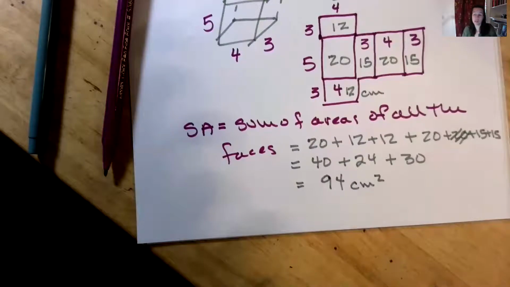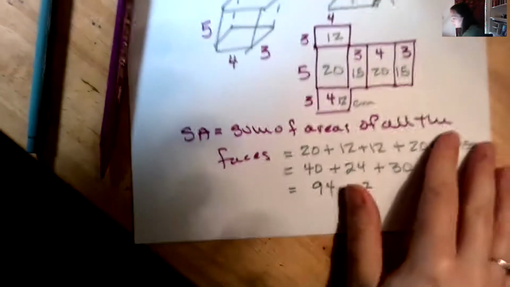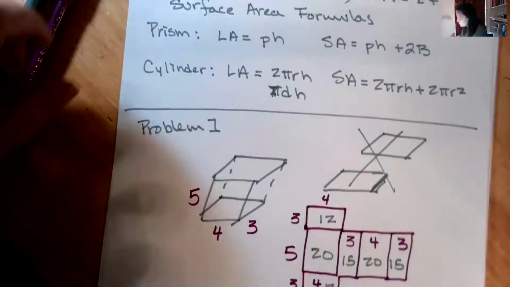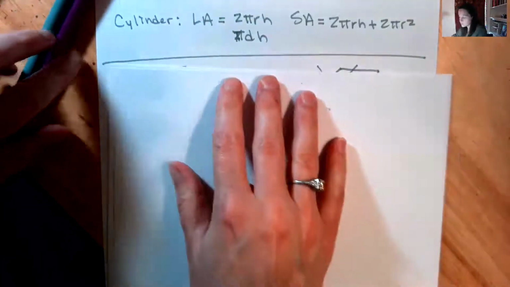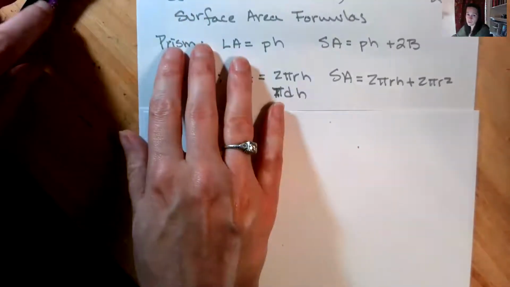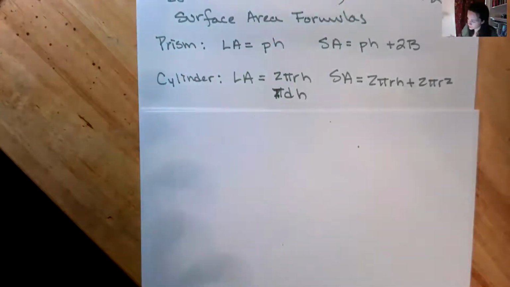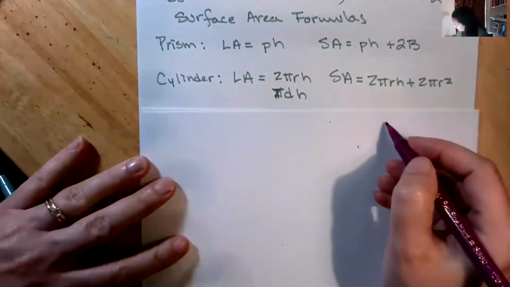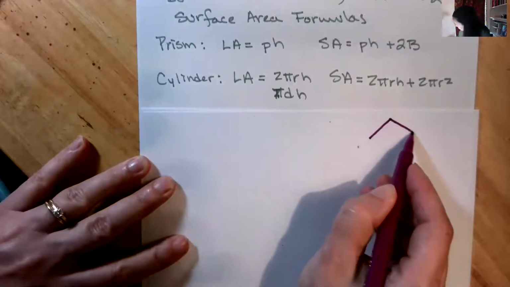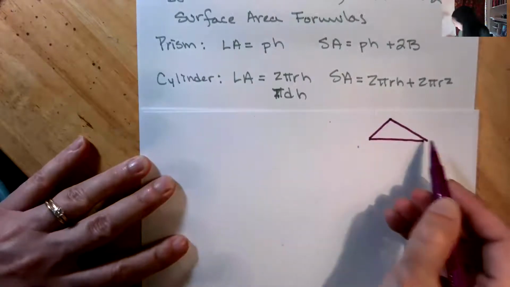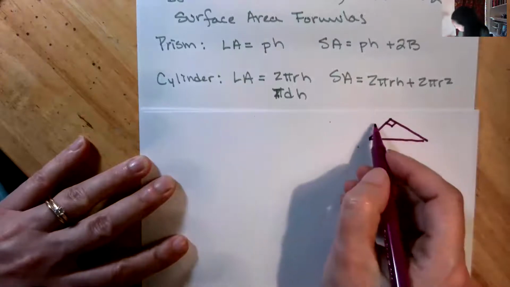What if we just wanted to take a three-dimensional figure and find the surface area of it using our formulas? Okay, there are surface area formulas. So let's say that we have a prism that has bases that are right triangles.